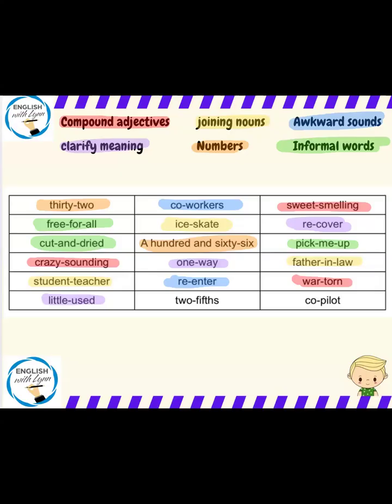The next one, you need to look really carefully because it isn't just a regular number, two-fifths. It is still using the hyphen because of numbers, but in this sense, it is using fractions, okay?